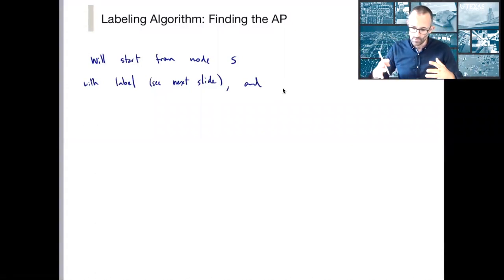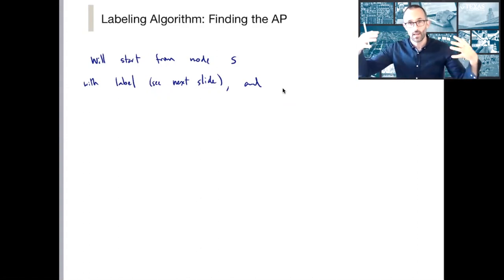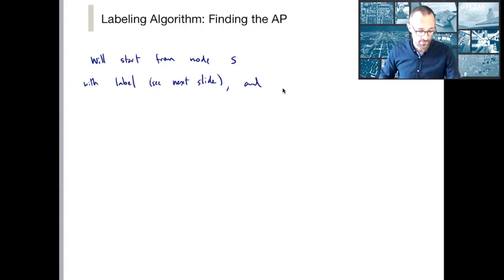So this labeling algorithm is essentially going to keep looking at neighbors until it's looked at every single node in the graph that it's allowed to look at. So we start from a node S with a label as in the next slide, and we propagate labels.